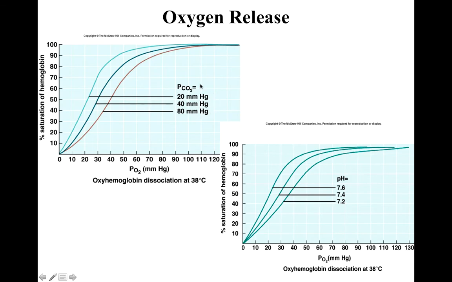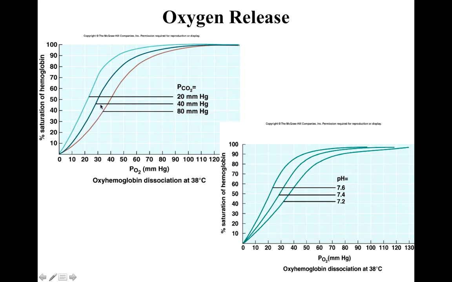And oxygen dissociates from hemoglobin in places where there's a lot more carbon dioxide. And this makes sense, because if you're riding a bicycle as hard as you can using your leg muscles, you're going to be producing a lot of carbon dioxide in those leg muscles.